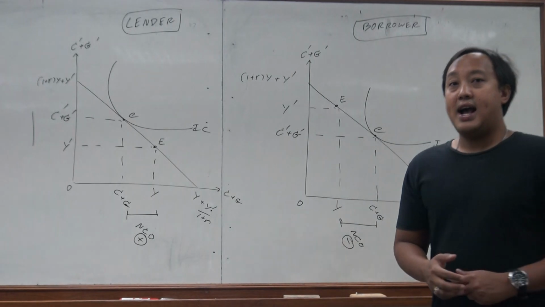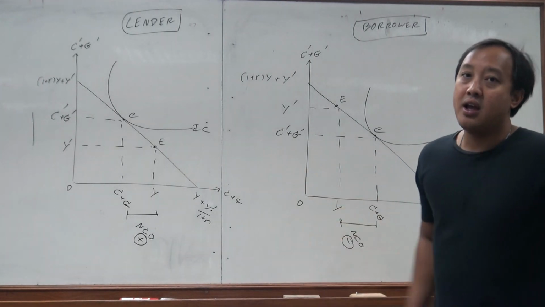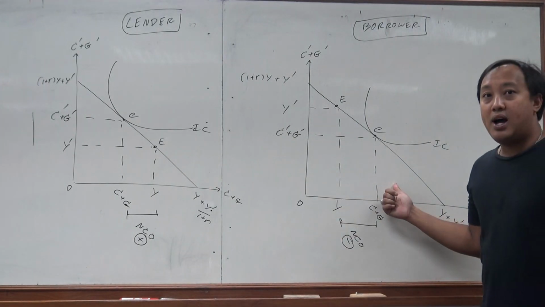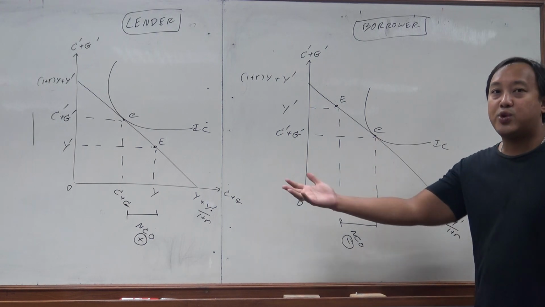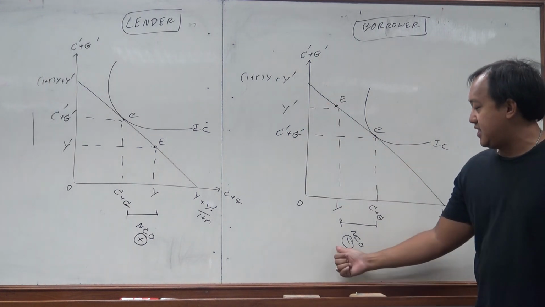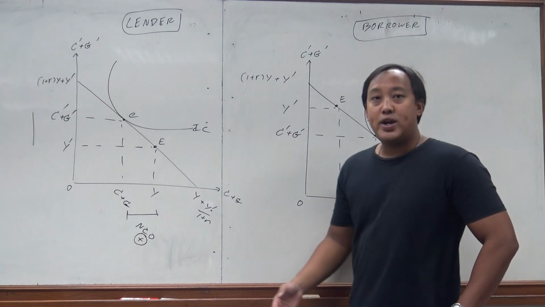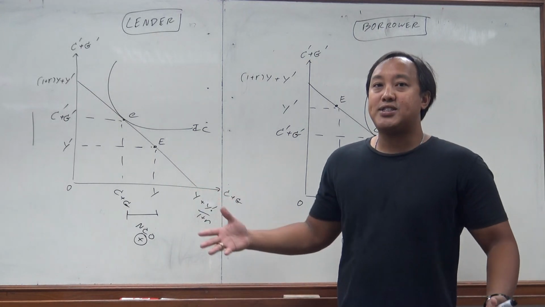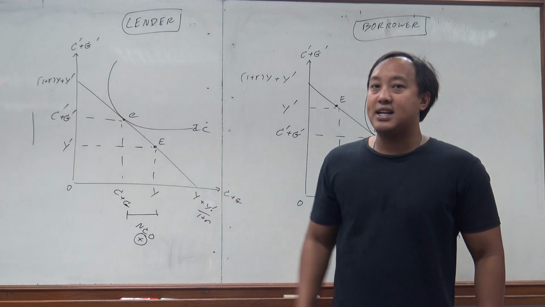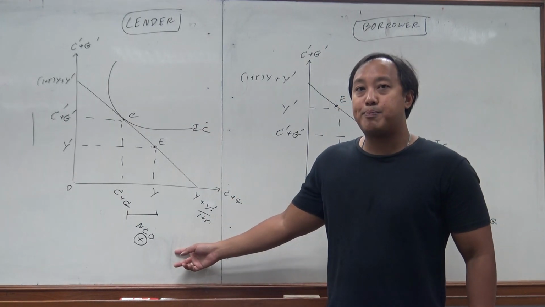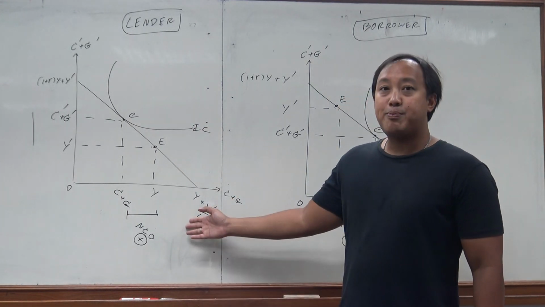As you can see from the graph, if your country is a borrower, you borrow money from the other country, the money flows in, and NCO is negative. If your country is a lender, you have some money left and you lend it out to the other country. Then NCO is positive.